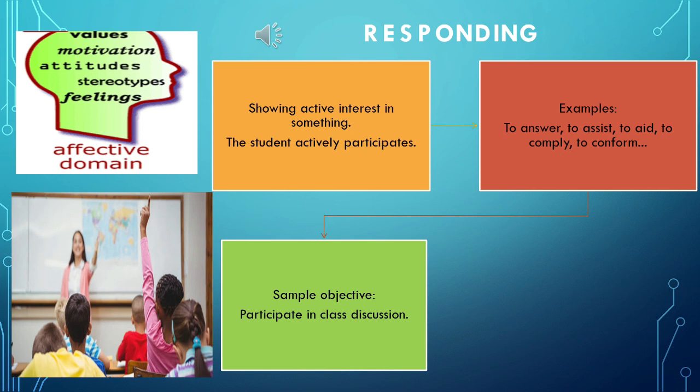The verb examples are to answer, to assist, to aid, to comply, to conform, to discuss, and so on. An example of this is the student participates in class discussions, or the student gives a presentation. In this level, the student did not just listen, but he or she responds to the information that he or she listened to.